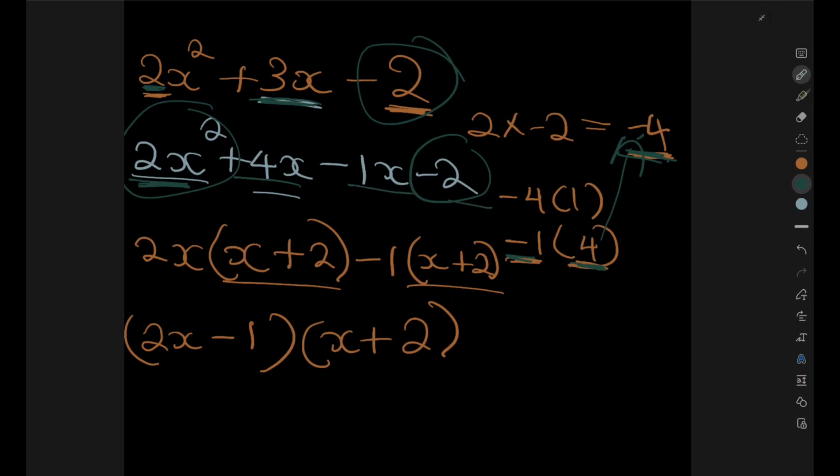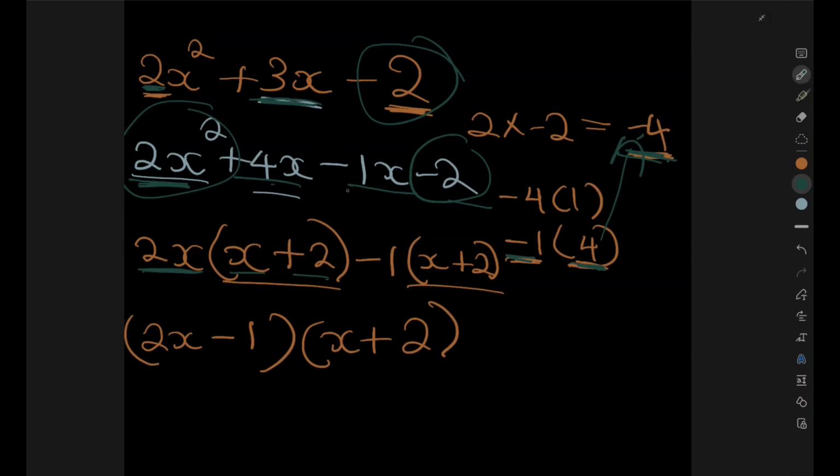And in many cases, when we have 4 terms, we can factorize using grouping, and that's what we're going to do. We take the first 2 terms, which is 2x squared plus 4x, and find a common factor, which was 2x. What we have remaining is x plus 2.